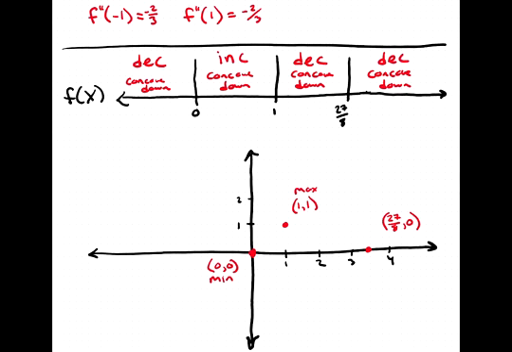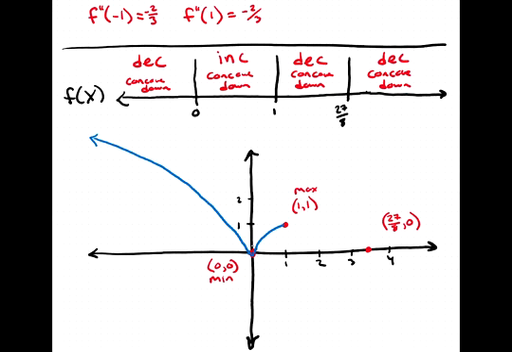So it looks like from negative infinity to 0, the graph is concave down. The only way to draw that is maybe something like that, concave down and going up to the left. Then between 0 and 1, the function is increasing, but also concave down. So we have this sharp turn here.